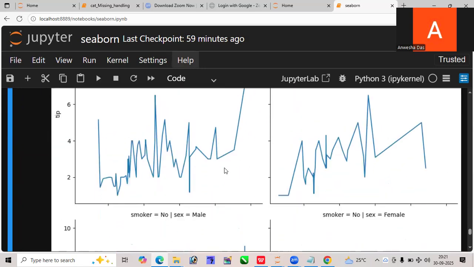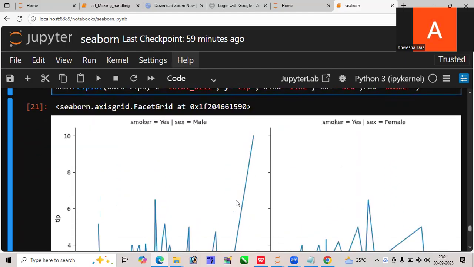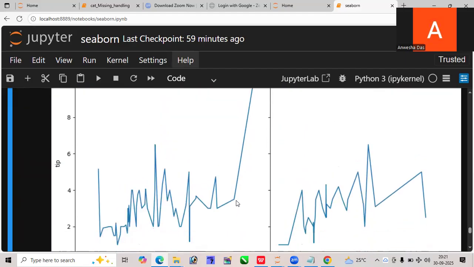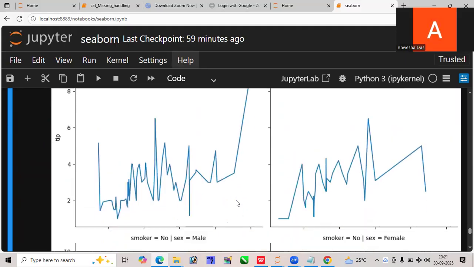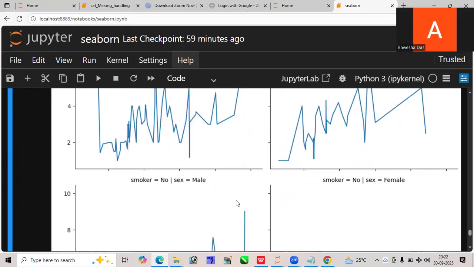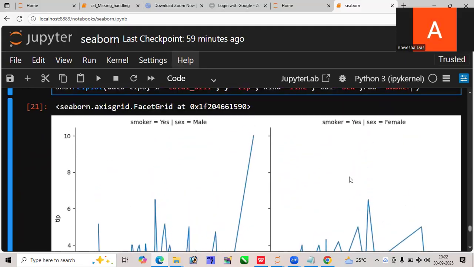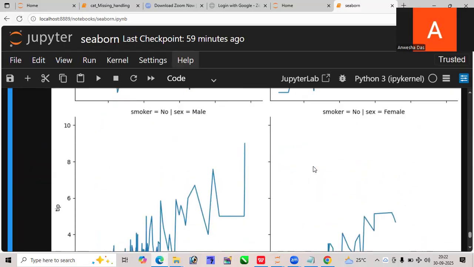If you see the graph carefully, you can understand that the male gives more tips. Who is the smoker who gave more tips? Here also, the female who is a smoker gives fewer tips.